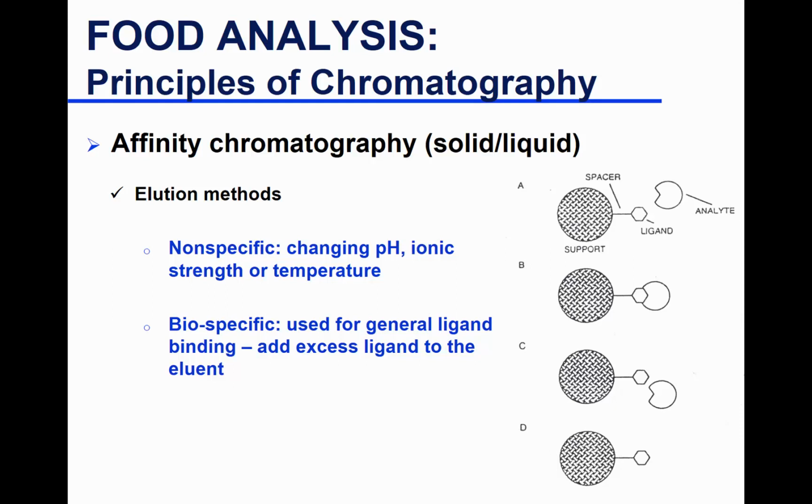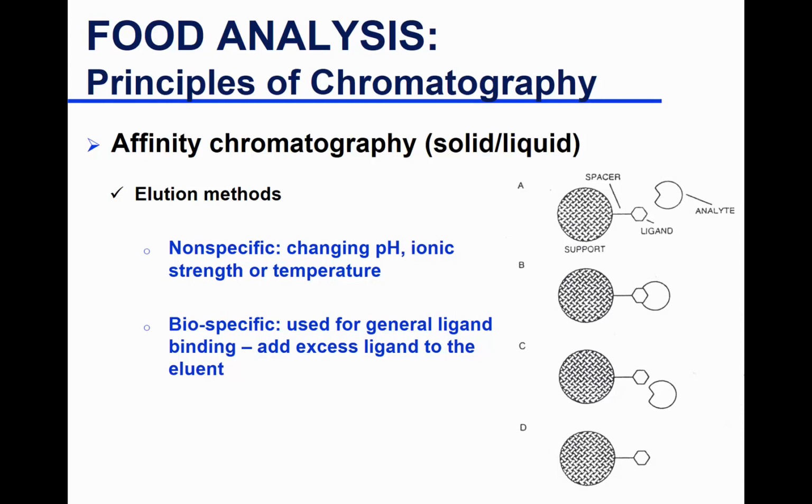You might change the charge in the binding site by changing the pH or the ionic strength, and you impact how they're interacting with each other. Change the temperature, because sometimes you need a particular temperature for a compound to interact. So if you change temperature, pH, ionic strength, you change how they're going to find each other and interact. So that will make that solute leave.